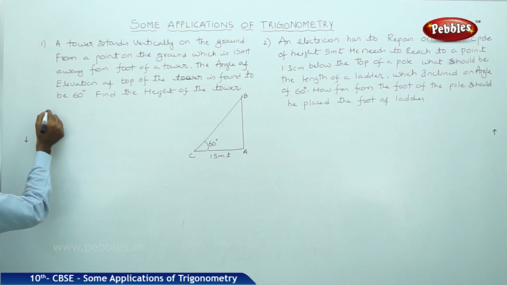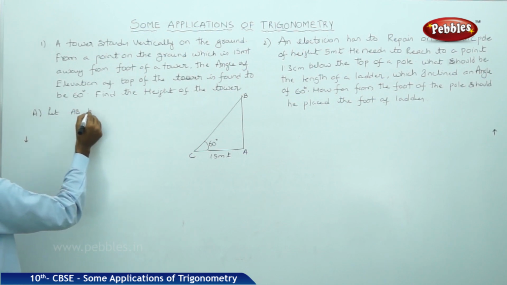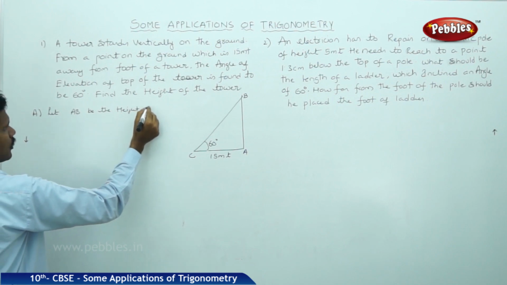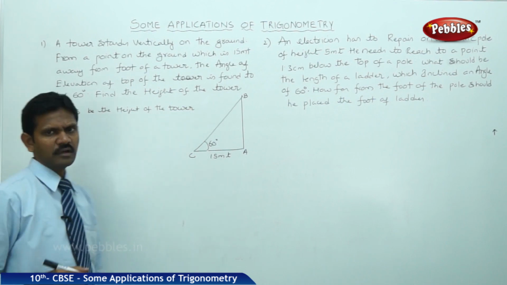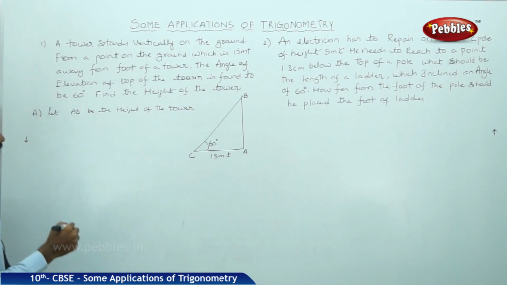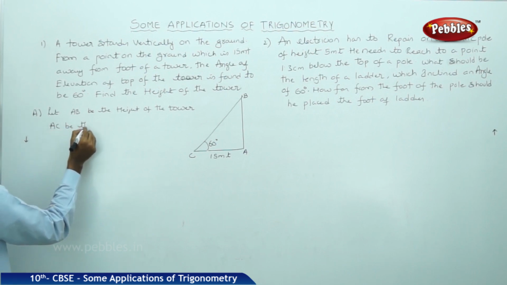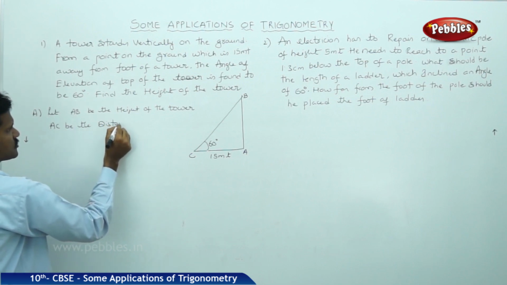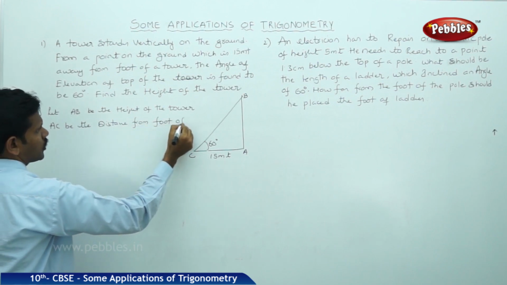Now let AB be the height of the tower and AC be the distance from the foot of the tower.